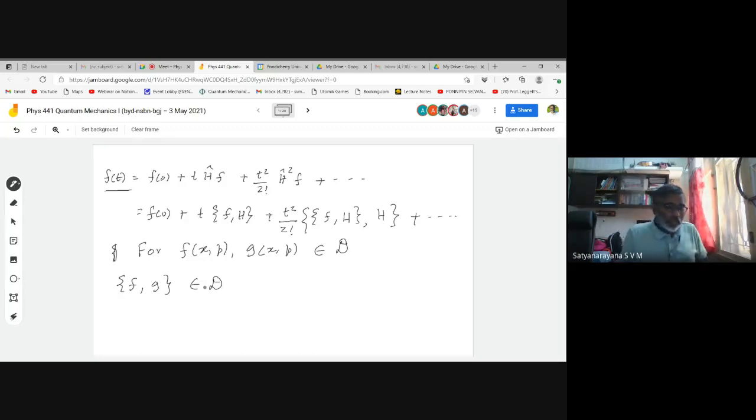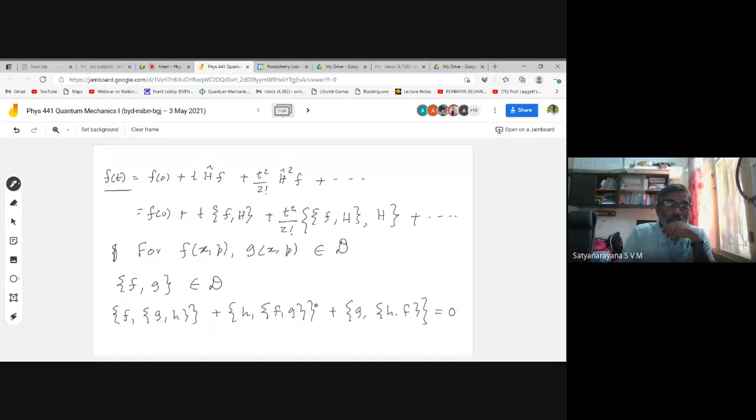Okay, but this new binary operation is closed, but it is not associative, because you can show that with this Poisson bracket you have a relation like this: f g h plus h f g plus g h f, okay, so this is equal to 0.